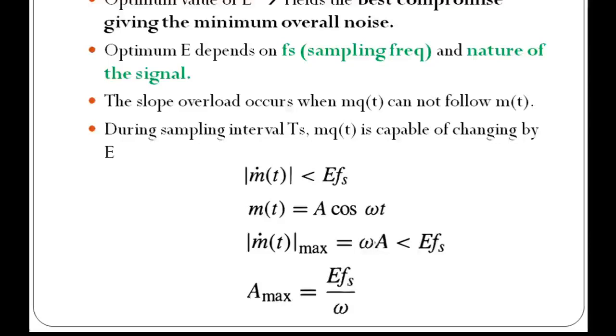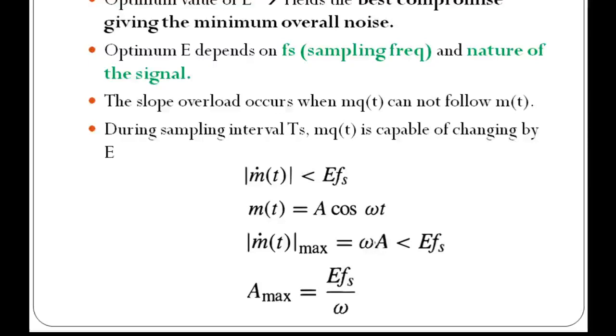If you increase the step size very much, then granular noise will increase, and if it is very small, then slope overload will increase. So we have to choose the optimum value of E such that the best compromise between slope overload and granular noise is achieved.